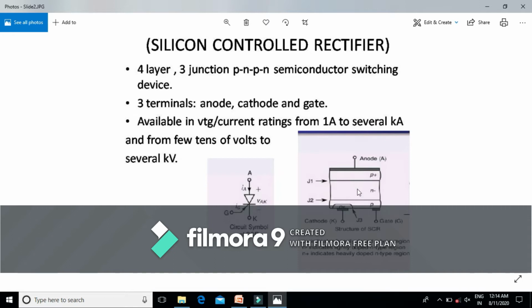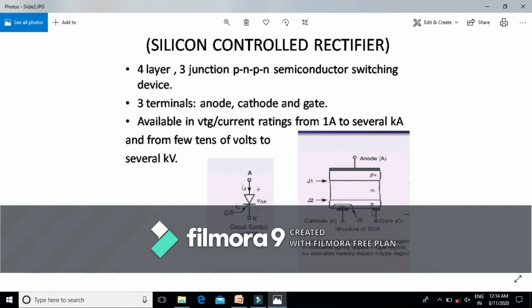Here, all the four layers have different doping levels. The outer layers can be represented by P1, this N negative by N1, this P by P2, and this N positive by N2. That means P1, the P positive, is highly doped, because the positive sign represents a high doping level, and similarly the outer N2 is represented by N positive, meaning the doping level is very high.